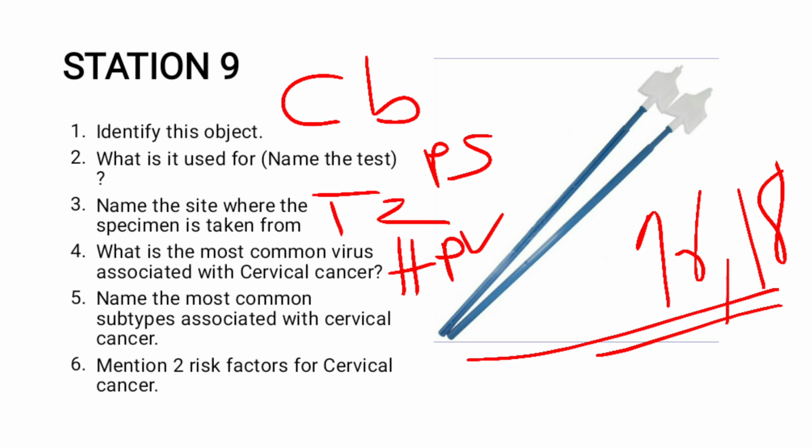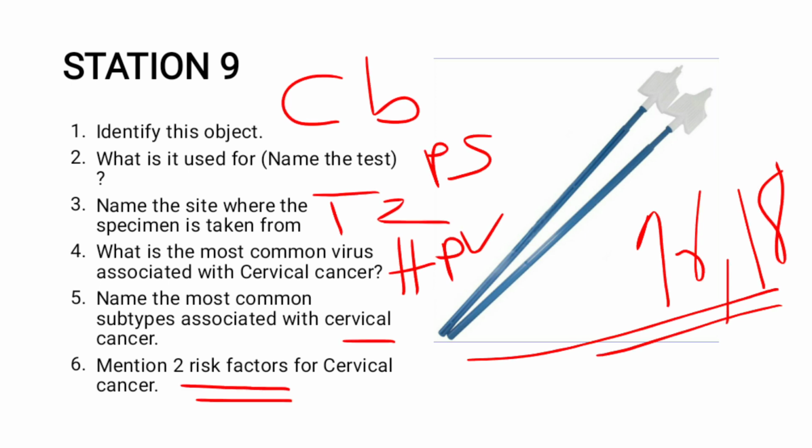And of course, there are others, like 31 or 45, which can also cause cervical cancer, but since the question asks for the most common subtypes, 16 and 18 are just fine. Okay, so we have answered this question.